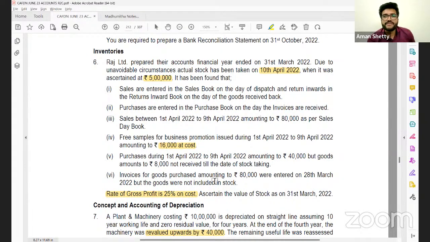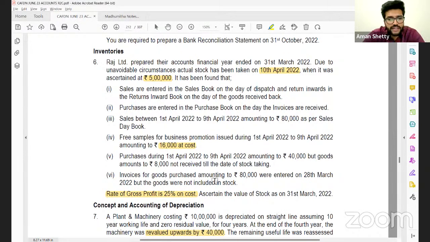You understand? See, I repeat. These purchases were made before 31st March. Clear? Yes, but it was not included in my stock. That means it is not included in 5 lakh also. So we need to add. So now you need to add it.